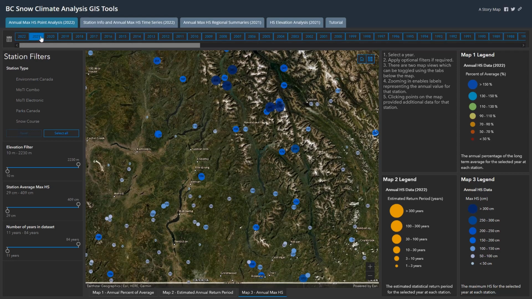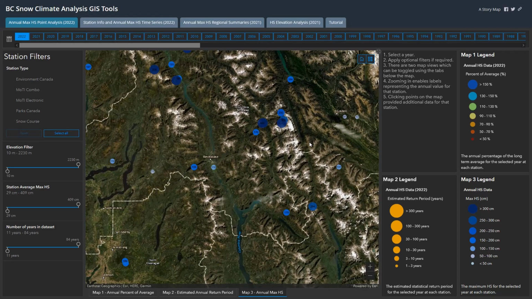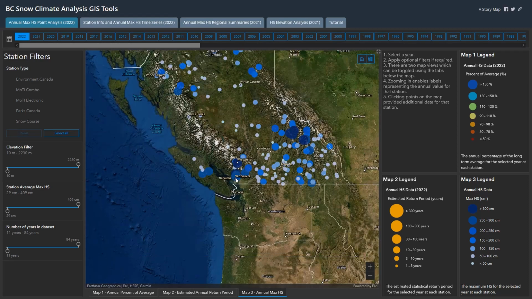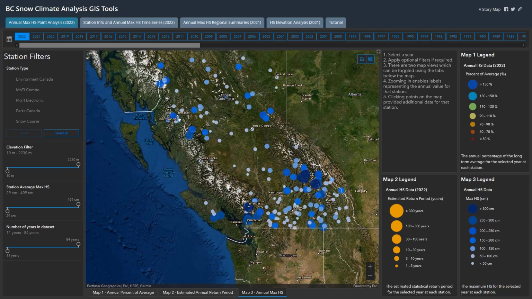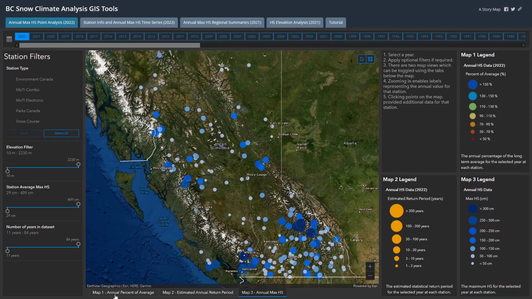You can quickly click through and see the different years, and you can see a pretty consistent trend of where the deeper snowpack stations are compared to the drier ones. So there may be some use for looking at the raw data here. You can see Rogers Pass stands out as a deeper area. We have some deeper areas around Whistler and the North Coast. But I'm going to go back to map 1 and focus on the normalized data.